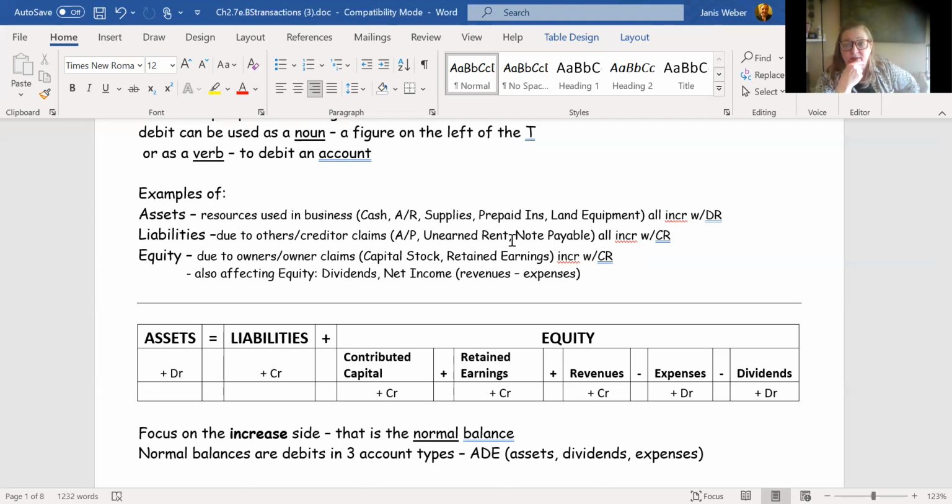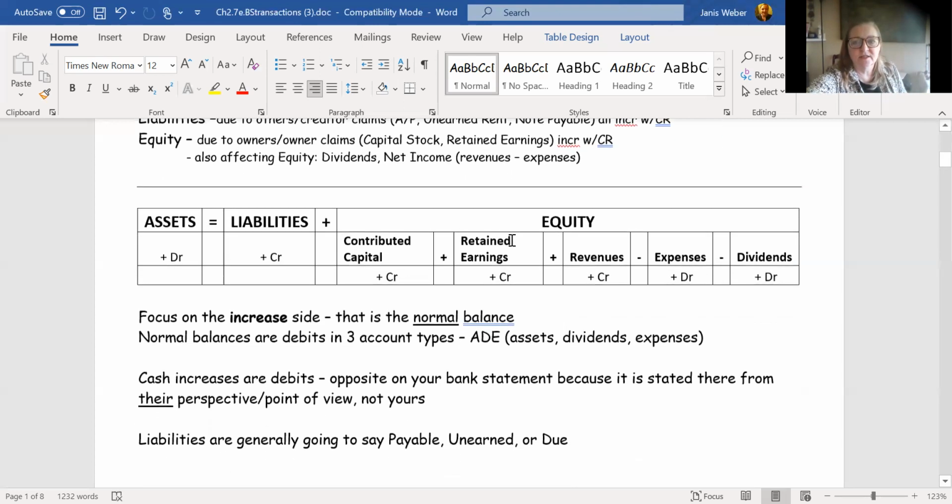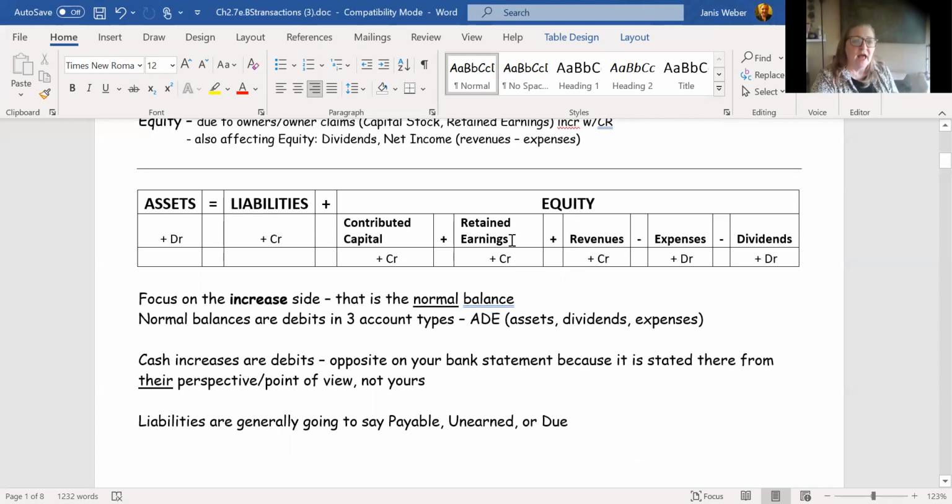So the revenue and the expenses affect equity. So what we're going to do is try to get straight in our head what the normal balance of accounts is. And that just means when you increase them, how do you record it? And so that's this little chart, this little format that I built.